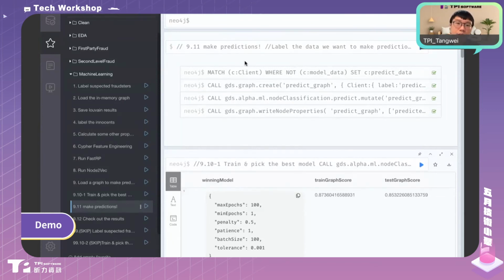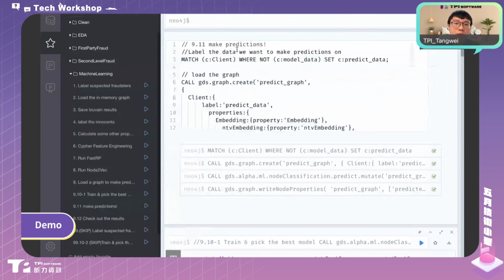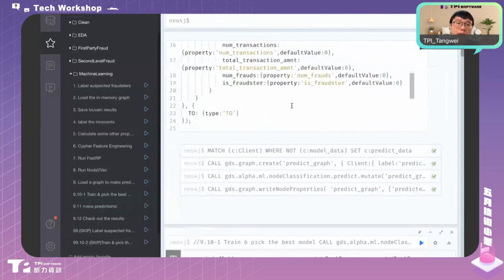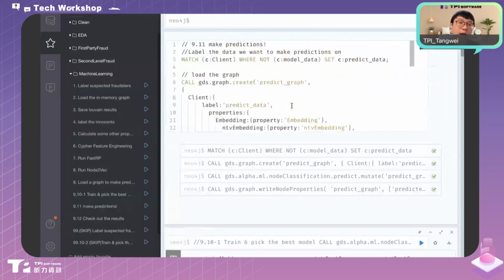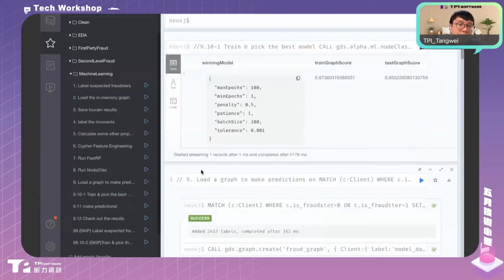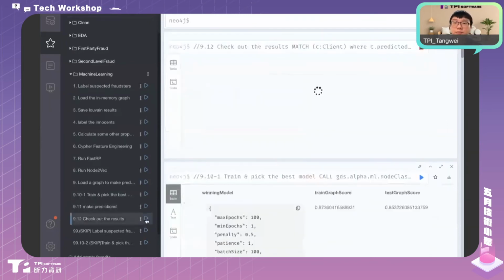So here we can see we can make the predictions, and we can label the data we want to make predictions on. This is the Cypher in Neo4j we can use to perform graph data science. Okay, so this part makes the prediction, and then we can check out the result.